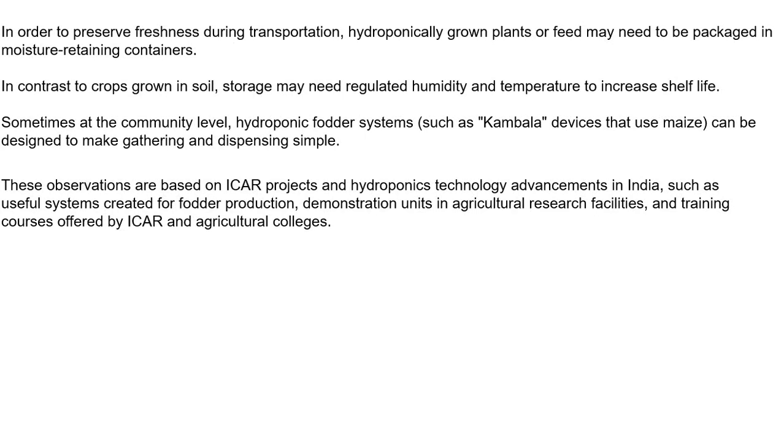These observations are based on ICAR projects and hydroponics technology advancements in India, such as useful systems created for fodder production, demonstration units in agricultural research facilities, and training courses offered by ICAR and agricultural colleges.